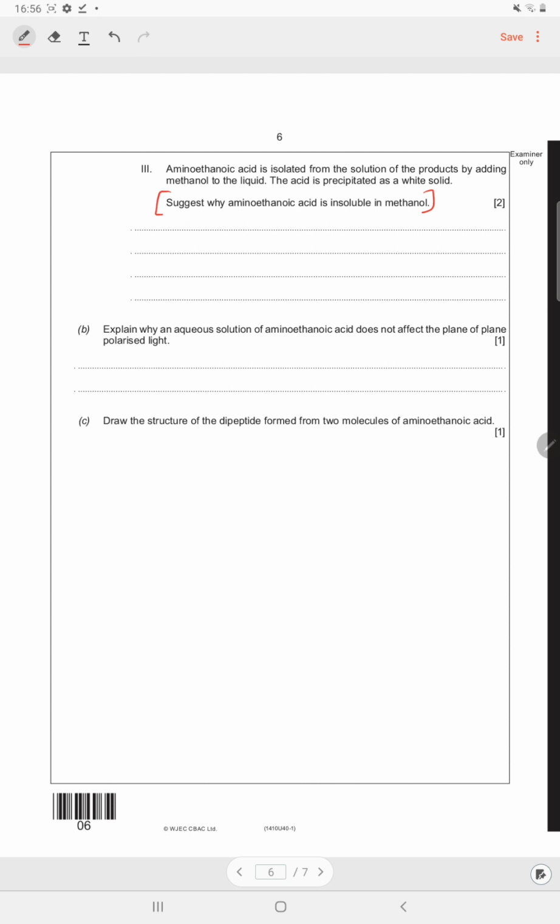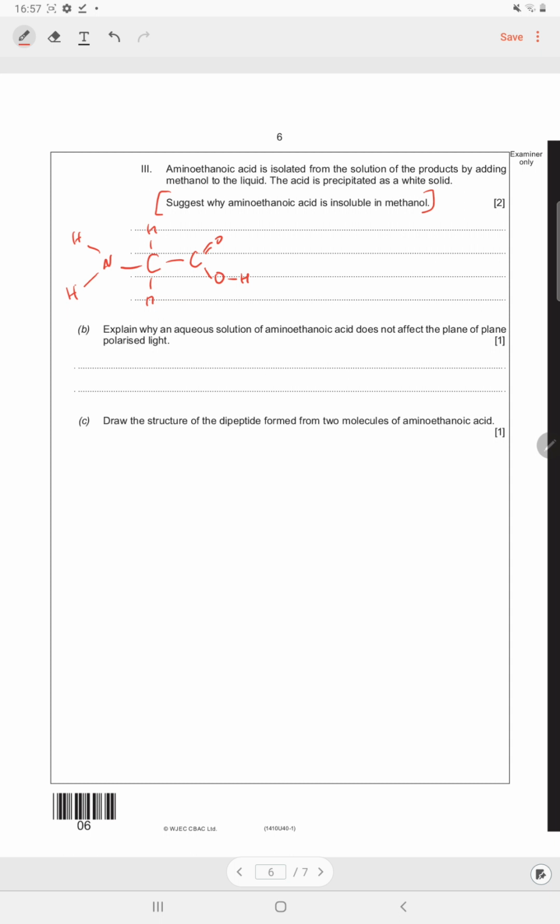Firstly, if you look at aminoethanoic acid, this is aminoethanoic acid: H2N, CH2, COOH.